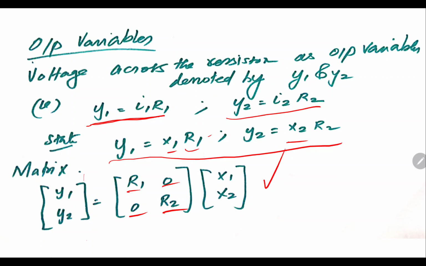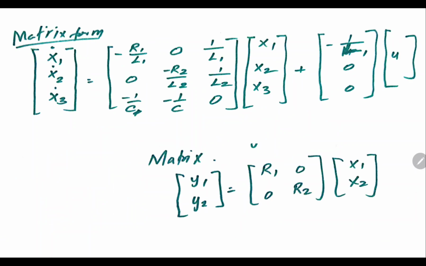This is the output equation. So the final one is the input and output equation, this is the A matrix, this one is the B matrix, this is the C matrix, and D is equal to 0.